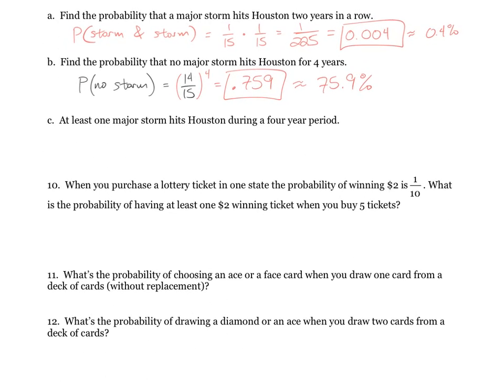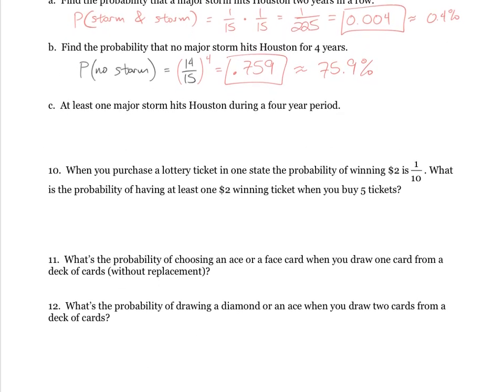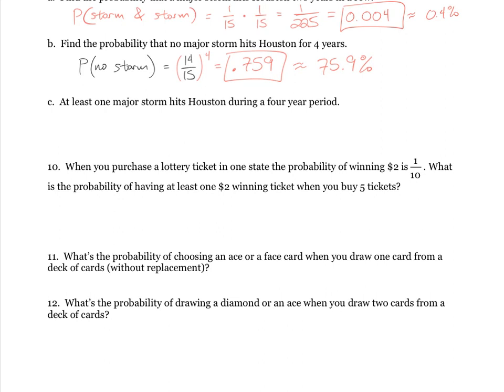What is the chance that at least one major storm hits Houston during a 4-year period? Well, we already did most of the legwork here. Remember, at least means at least one storm, we can find by calculating 1 minus the probability of no storm, which we just did right there.